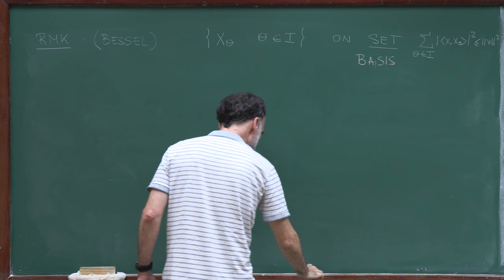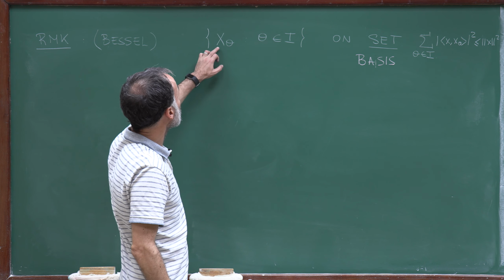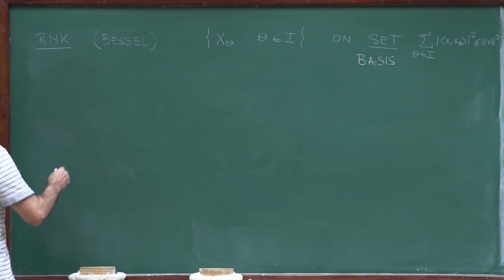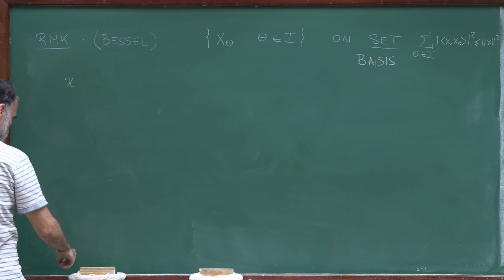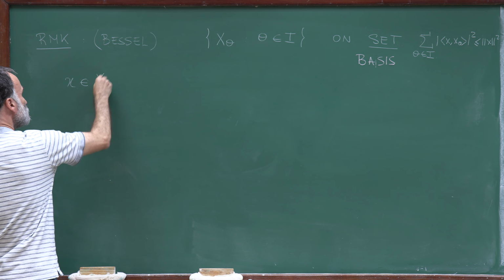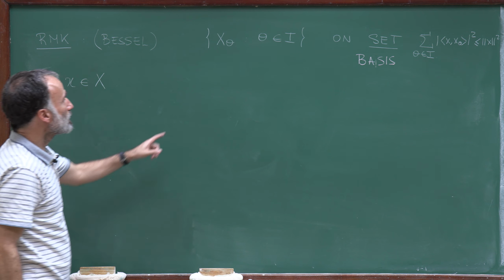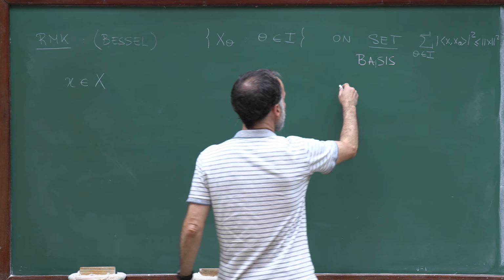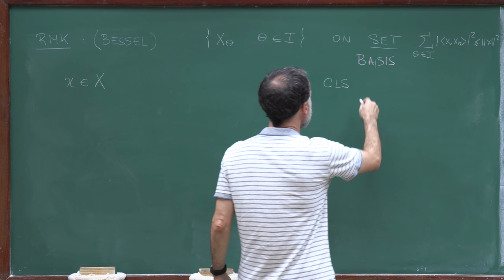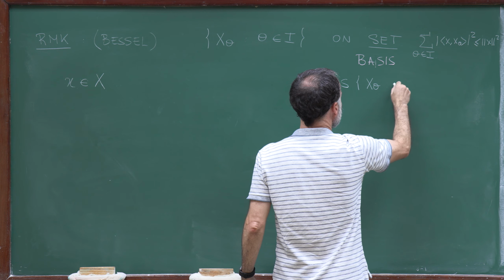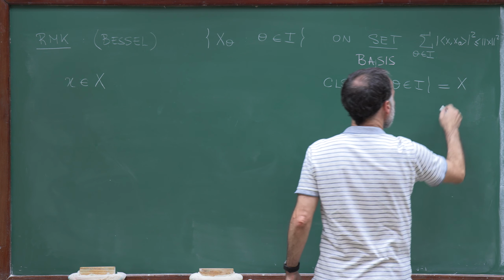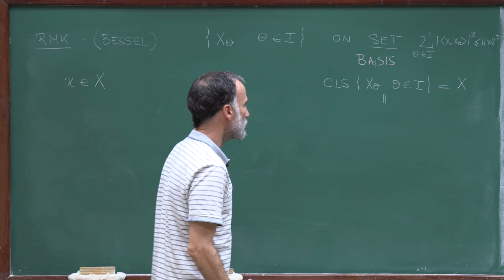So now I'm assuming that the closed linear span of x_theta is all of X. And again, I fix x in X. Since this is a basis, and I used this fact before in this lecture, the closed linear span of this set is equal to X. But I know exactly what the closed linear span of this set is.